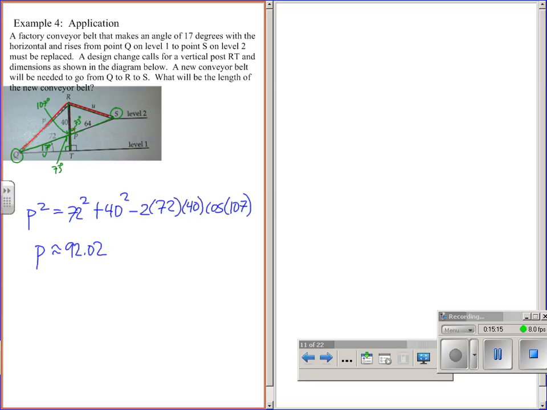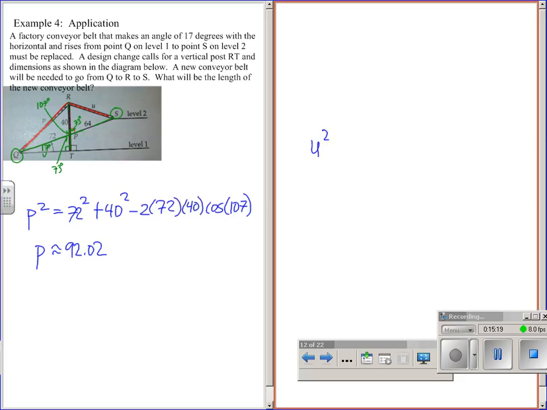And then, once I have that, then I can go ahead and find U. So I can say that U squared is going to be 40 squared plus 64 squared minus 2 times 40 times 64 times the cosine of 73. And then I use all that to find out that U is approximately 64.81.